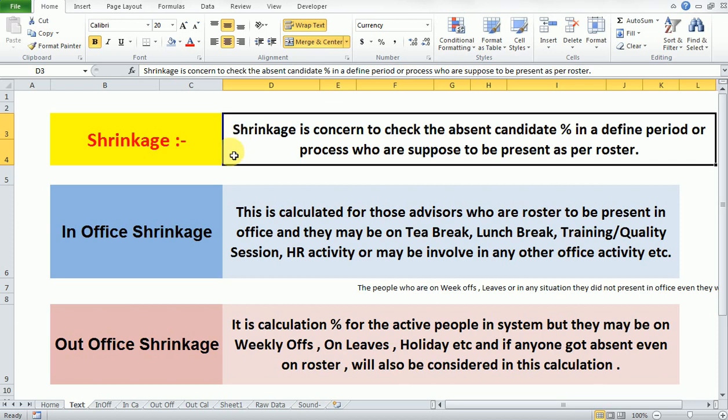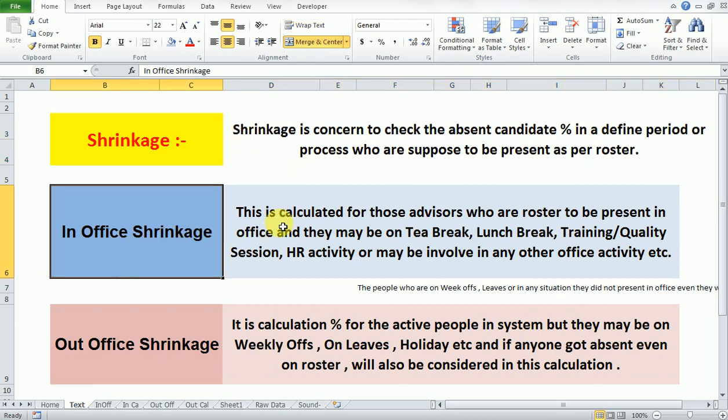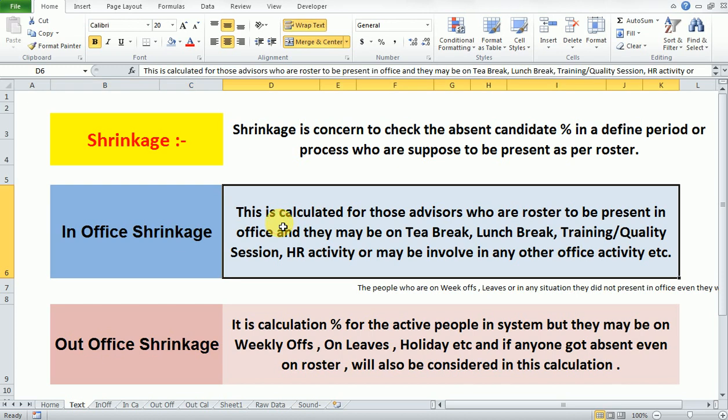So what is in-office shrinkage? This is calculated for those advisors, those people who are rostered to be present in office, and they may be on tea break, lunch break, training, quality session, HR activity, or involved in any other office activity. This calculation comes under in-office shrinkage.